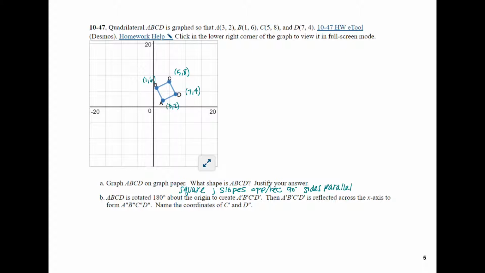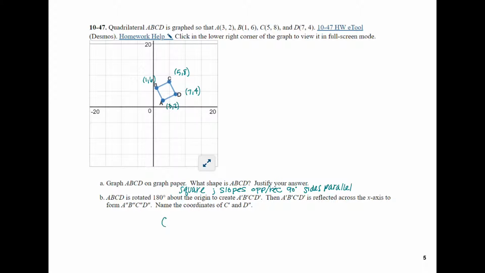ABCD is rotated 180 degrees about the origin to form A prime, B prime, C prime, D prime. Then ABCD is reflected across the x-axis to form A double prime, B double prime, C double prime, D double prime. So if we reflect that, you could use the Desmos tool.